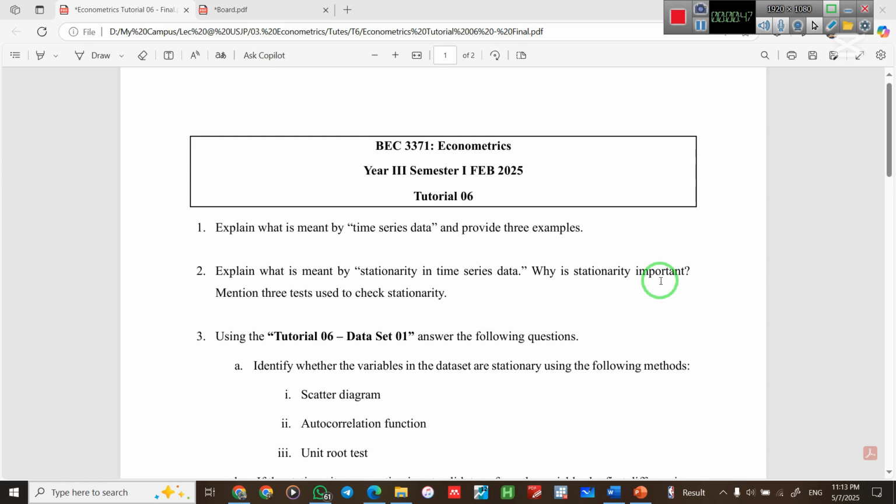But let's say there are some huge variances or some kind of shock that happened in the last 12 months, so you can't predict the sales in the next month accurately, right?